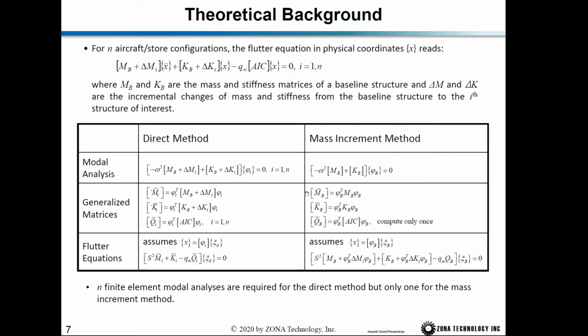For a fighter aircraft, if you have a fully loaded store configuration, and if you drop stores one by one, you will find out the possible combination of the store configurations is about 400.